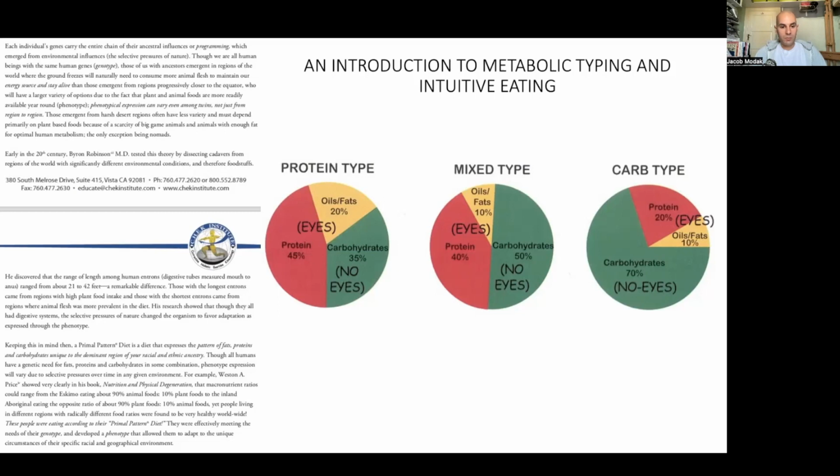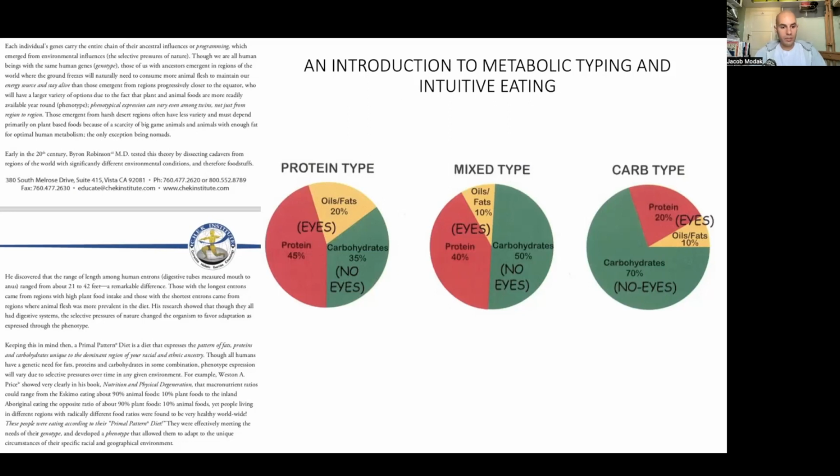Keeping this in mind, a primal pattern diet is a diet that expresses the pattern of fats, proteins, and carbohydrates unique to the dominant region of your racial and ethnic ancestry. Though all humans have a genetic need for fats, proteins, and carbohydrates in some combination, phenotype expression will vary due to selective pressures over time in any given environment.